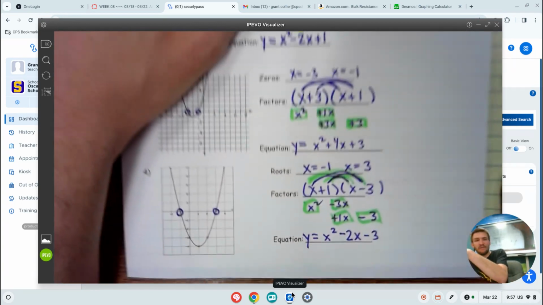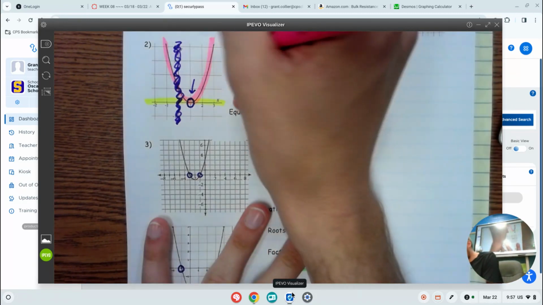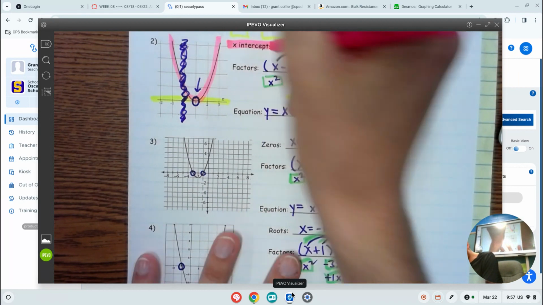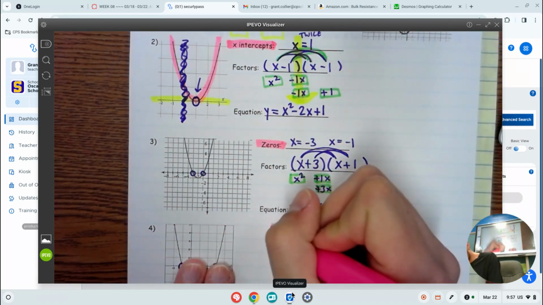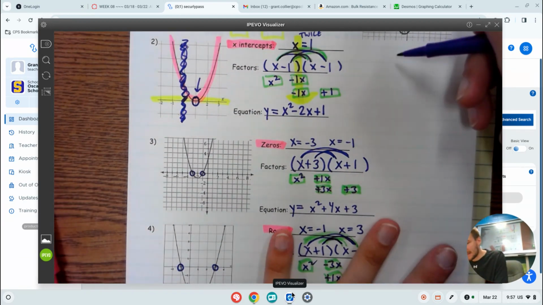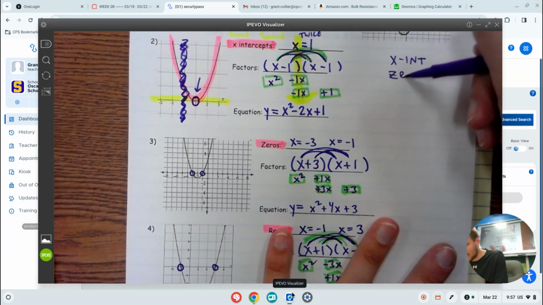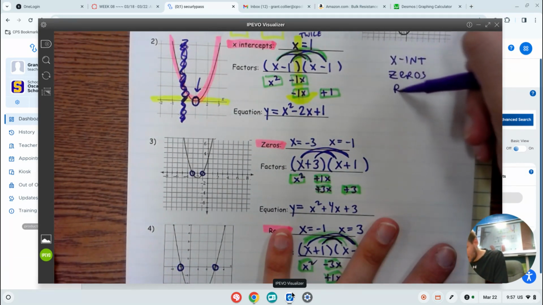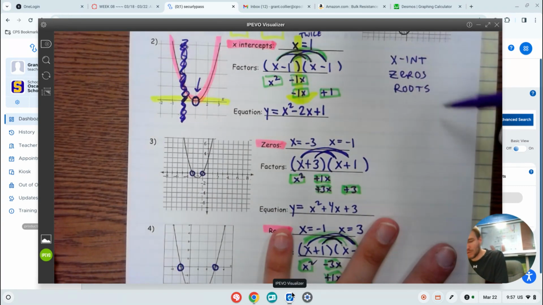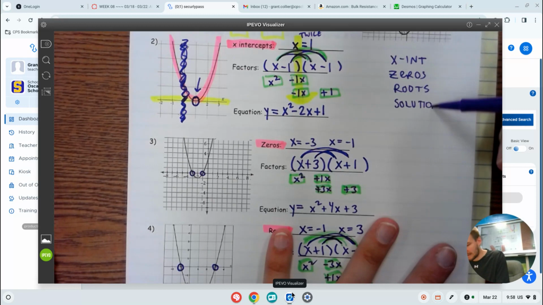Before we flip over, and if you already flipped over, it's not a huge deal, I do just want to point out that this paper has x-intercepts, zeros, roots. All of these things are the same. Remember, I'm going to write it one more time. There are x-intercepts, zeros, roots, and there's one more on this list, solutions.